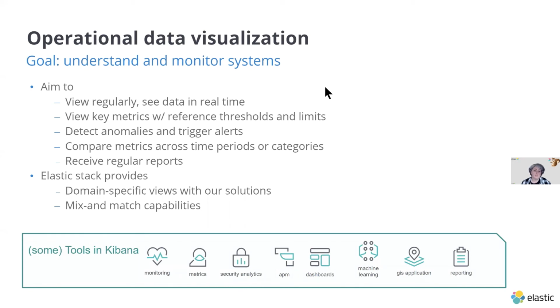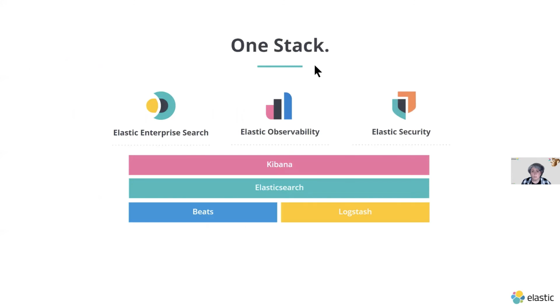You want to be able to detect anomalies and trigger alerts and receive reports based on the data. We have a lot of tools related to operational data visualization, including our solutions that will have a custom view specific for a vertical. So as a high-level reminder, Elasticsearch is at the center of Elastic Stack.